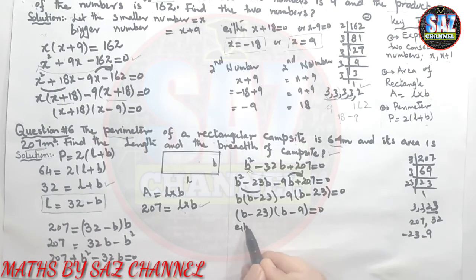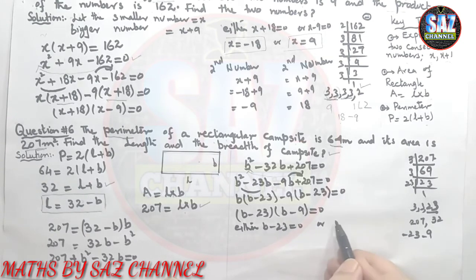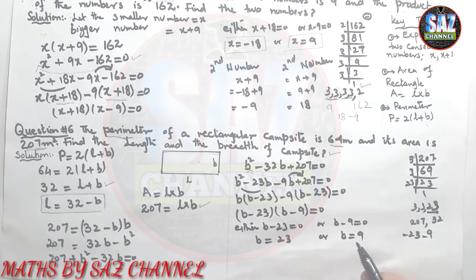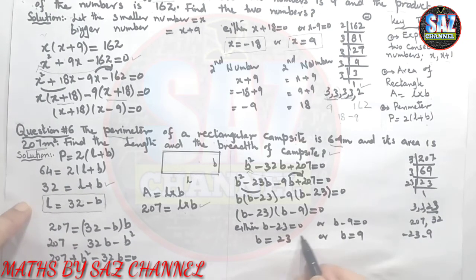Either B minus 23 equals 0 or B minus 9 equals 0. This will give me B equals 23 or B equals 9. We are getting two positive values of breadth. Now when the breadth is 23, what will be the value of length?